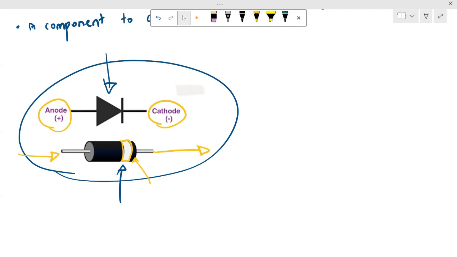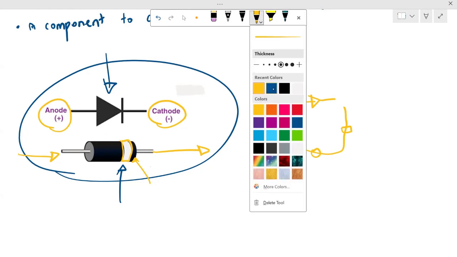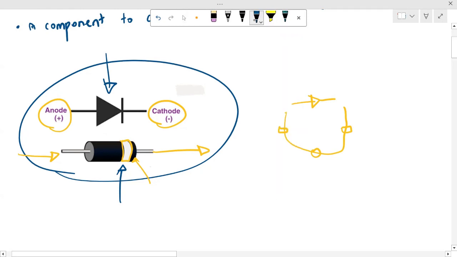So as a diode conducts electricity only in one direction, let's say, for example, this is our diode, and this is the rest of the circuit with different components. So the current is going to travel in this direction.